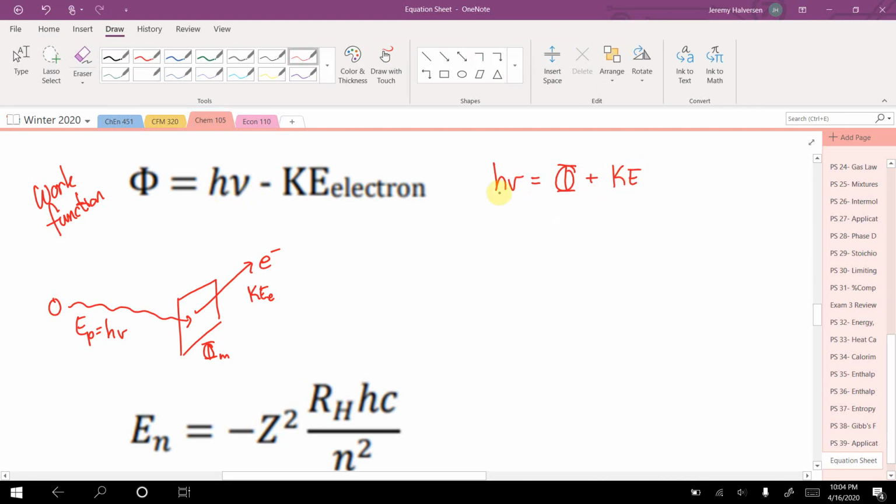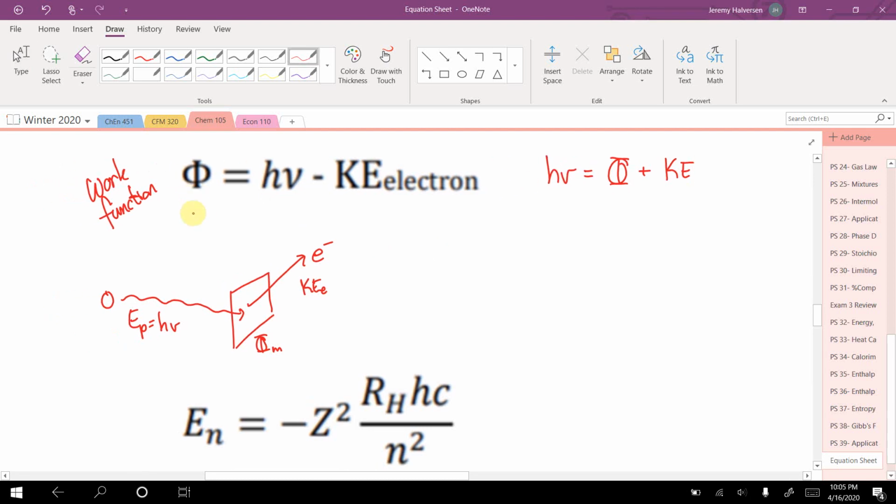It's just that in this case they subtracted kinetic energy over. So here, work function is going to be in joules. H nu: H is in joules times seconds, and nu is 1/seconds. And kinetic energy of the electron is going to be joules, which makes sense. Seconds cancels out. We get joules equals joules plus joules.